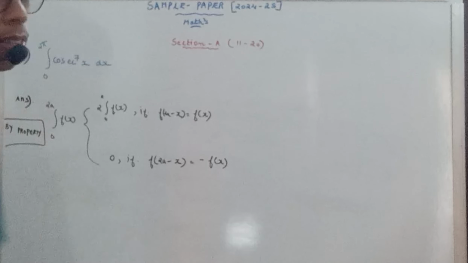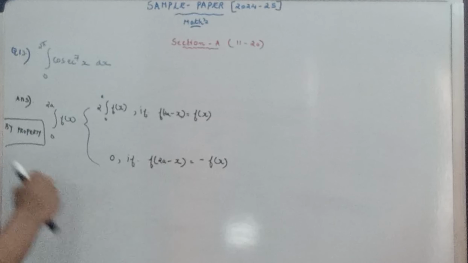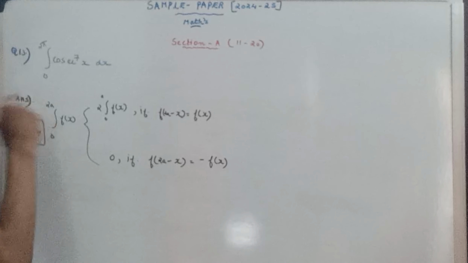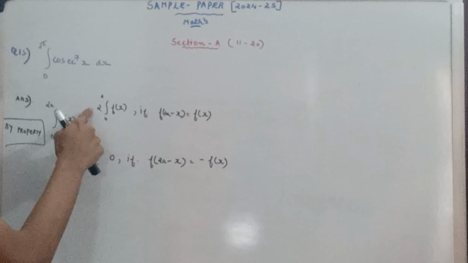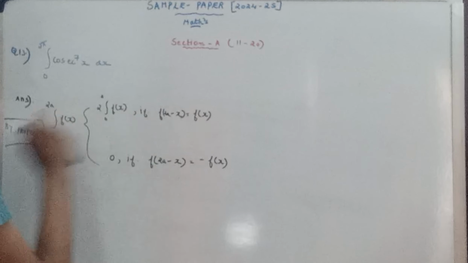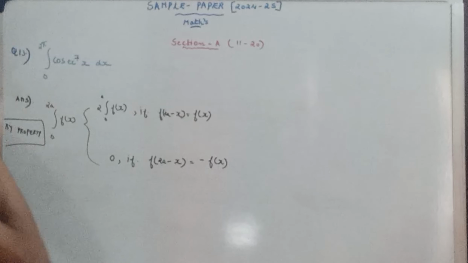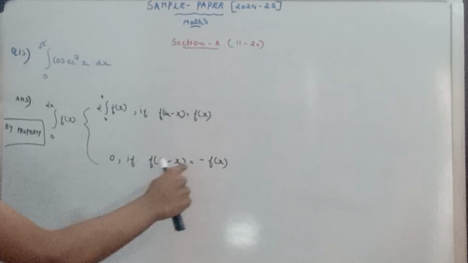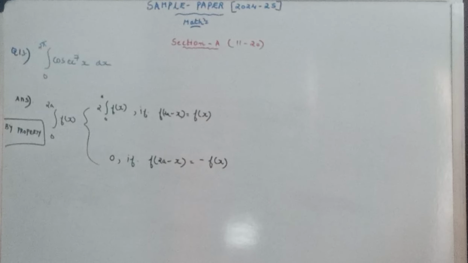So when you see this, the property that should come to your mind is integral of 0 to 2a f of x. We know that integral 0 to 2a f of x is equal to twice of integral 0 to a f of x if f of 2a minus x is equal to f of x, and 0 if f of 2a minus x is equal to minus of f of x.